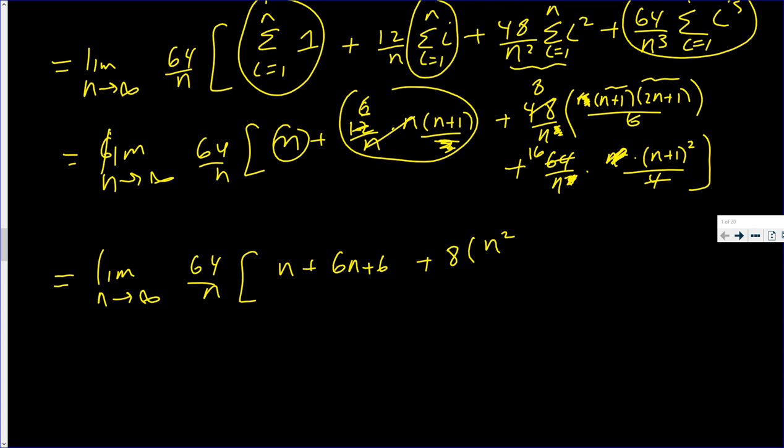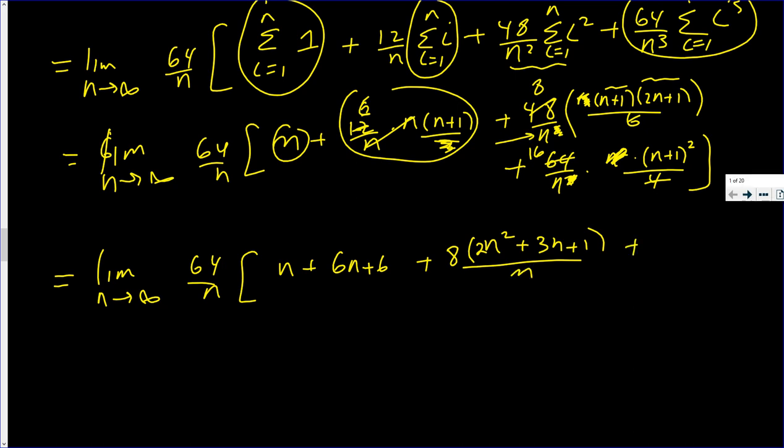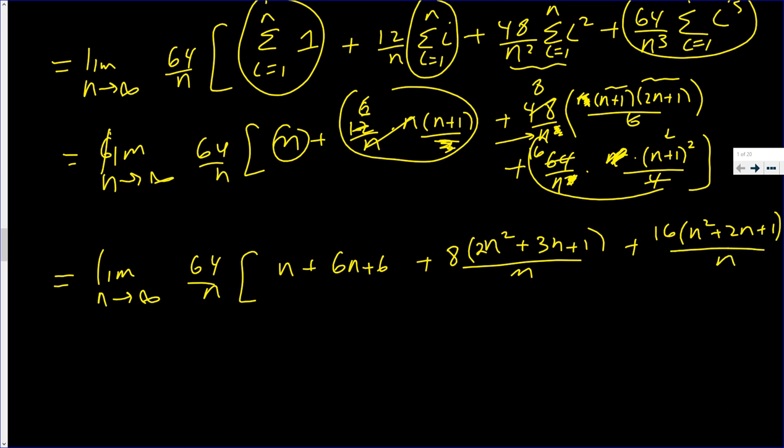It's 2n squared plus 3n plus 1 over n. There's the n. Plus this. It is 16 times, I'll square the n plus 1, n squared plus 2n plus 1, all over n.